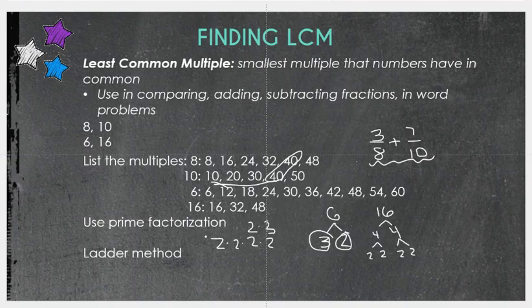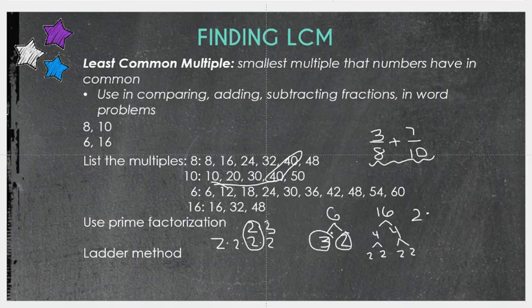Okay, so with greatest common factor, we only used the ones that they had in common. For least common multiple, we still use the ones that they have in common, so they have a 2 in common. And then we use all the other factors that are there.